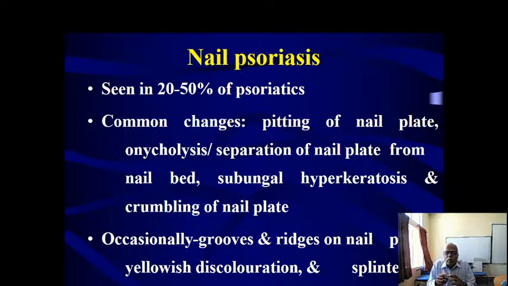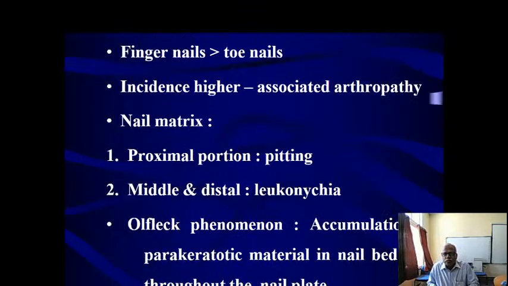There is subungual hyperkeratosis, and since there is hyperkeratosis beneath the nail plate, there is crumbling of the nail plate, or sometimes you notice ridges and grooves on the nail plate, and yellow discoloration, or sometimes splinter hemorrhages. So there are the nail changes.